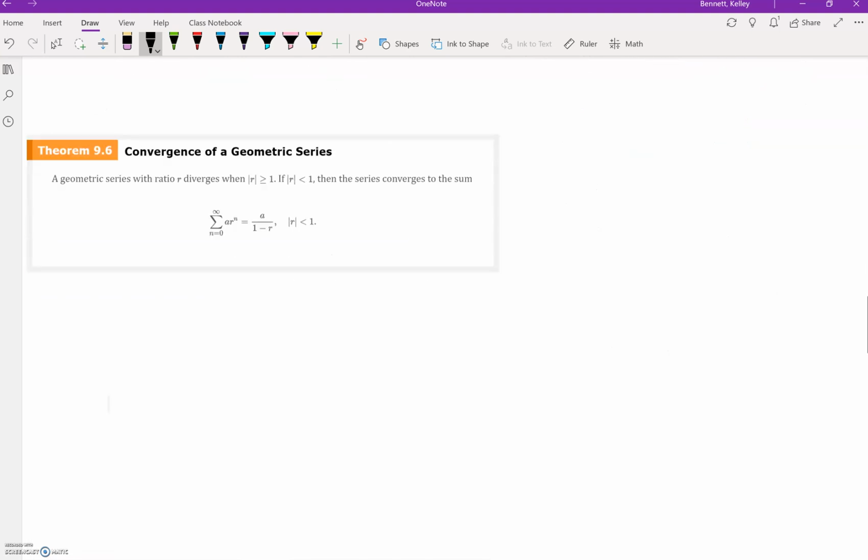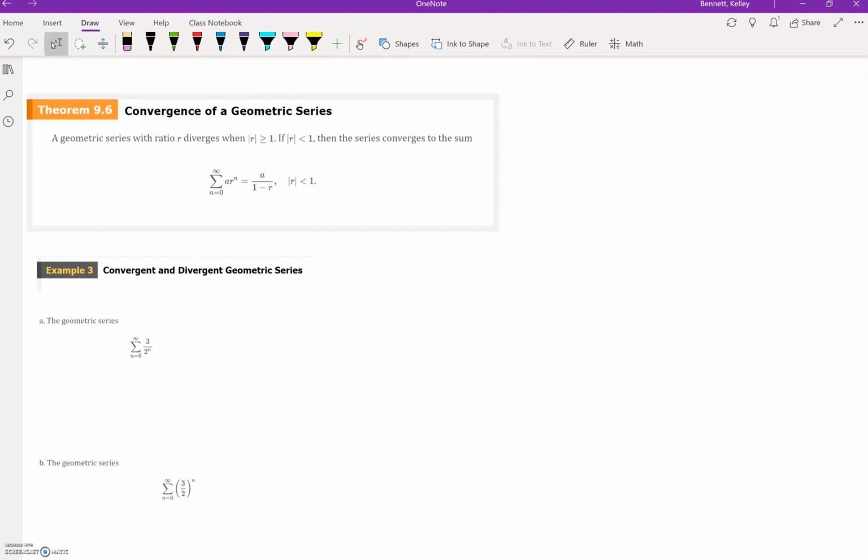The next thing we want to look at is a formal treatment of the geometric series. So we saw an example, the first example had a geometric series in it, but now we're just going to go ahead and give a general case. So long as r is strictly between negative 1 and 1, then this series will converge.